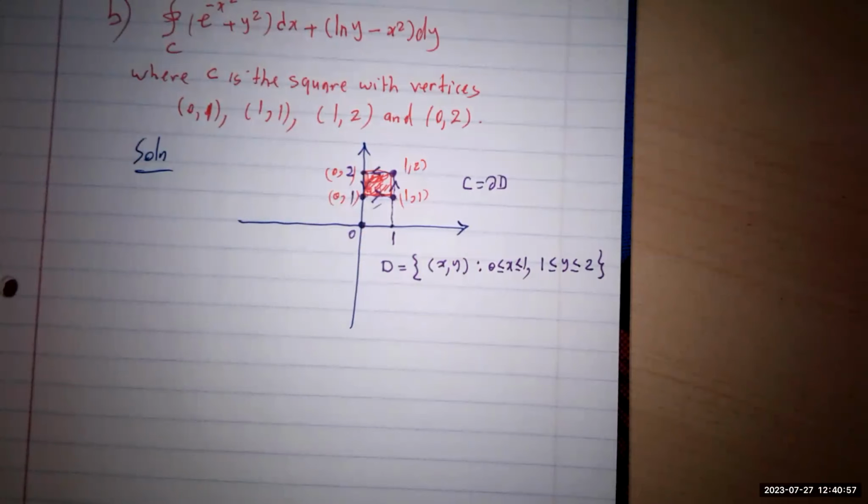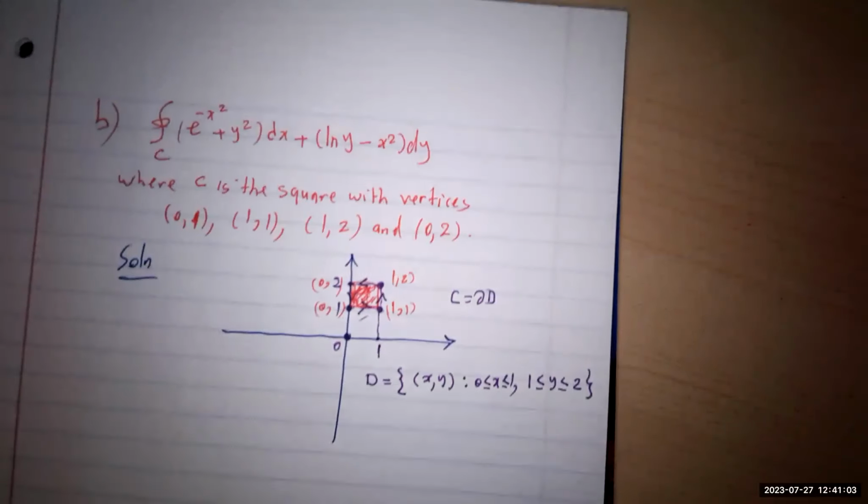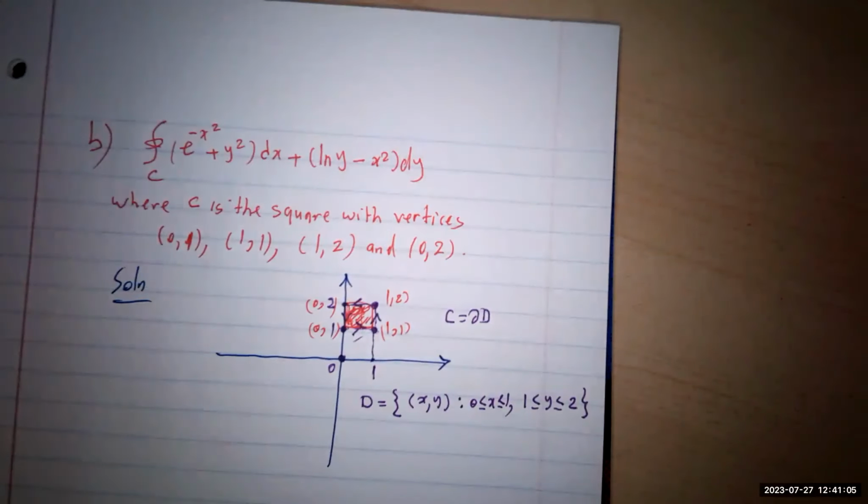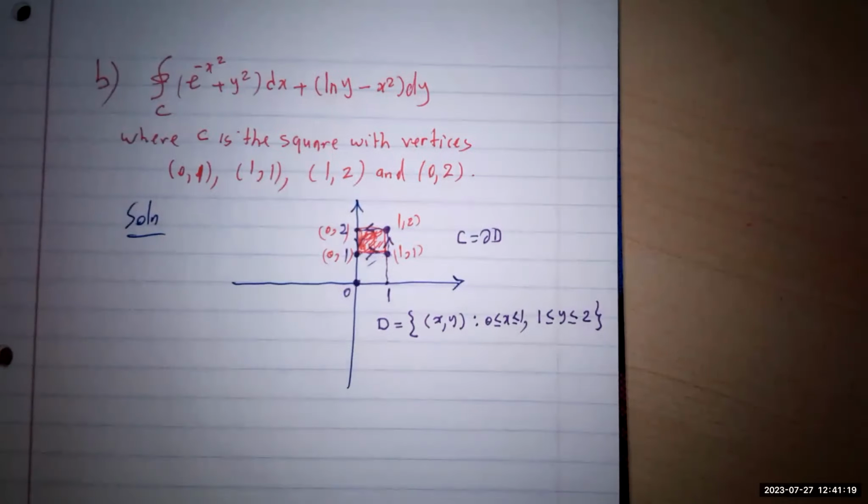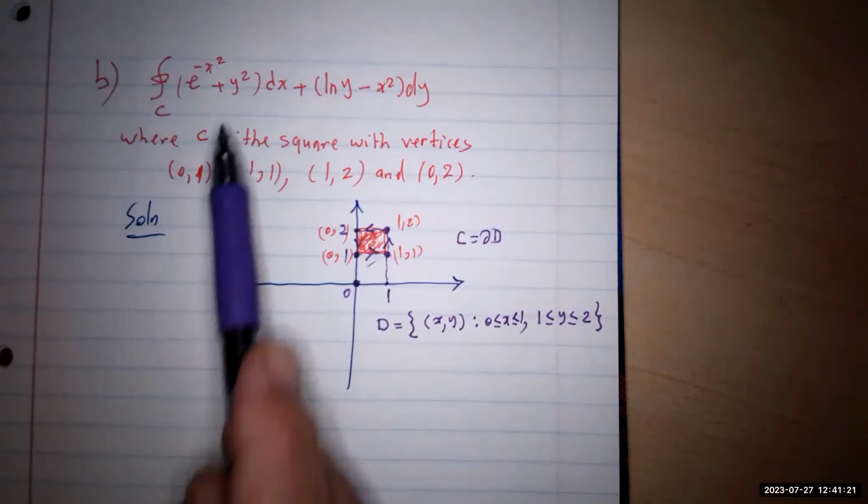It's qualified for Green's theorem because the function is nice. Its partial derivatives can be found and they are going to be continuous. And C is going to be the boundary of the square. So we are able to apply Green's theorem.